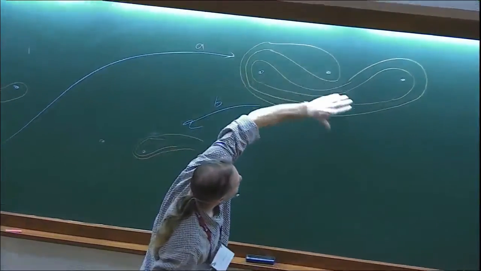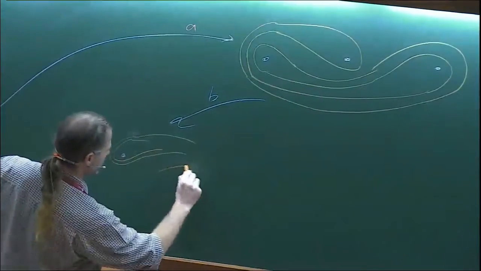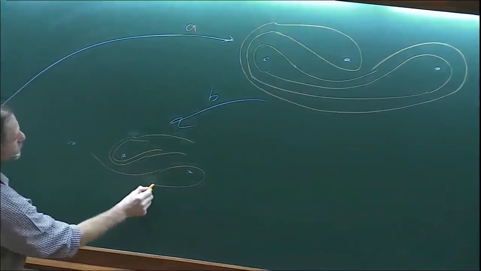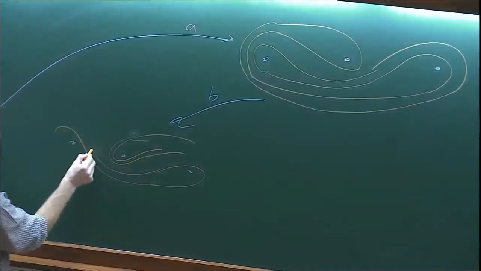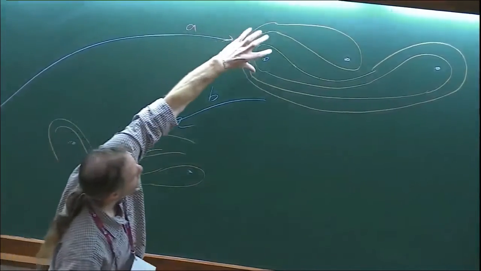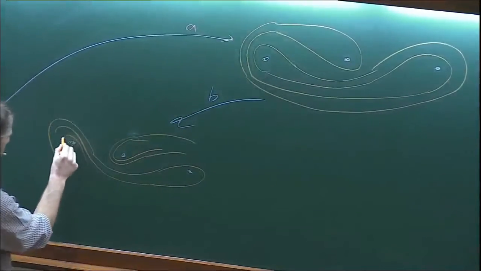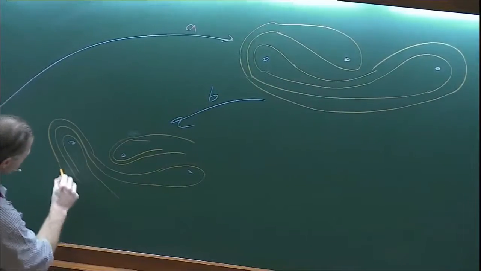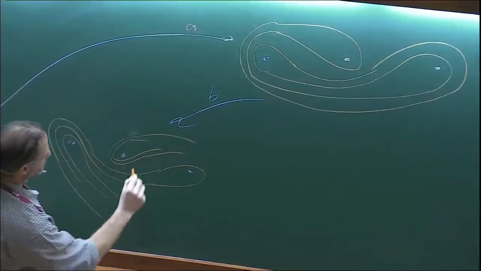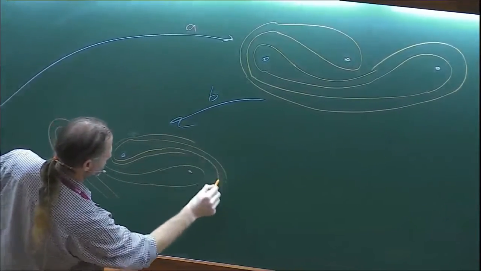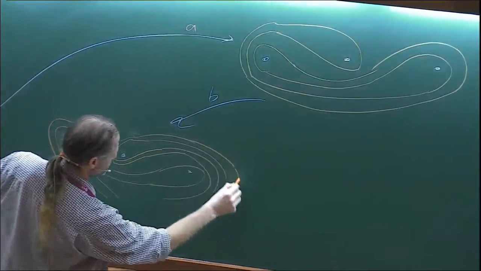Where did this thing go? This got pulled underneath. So that came around here. This loop here stayed the same. Okay, and now we can connect up this picture.